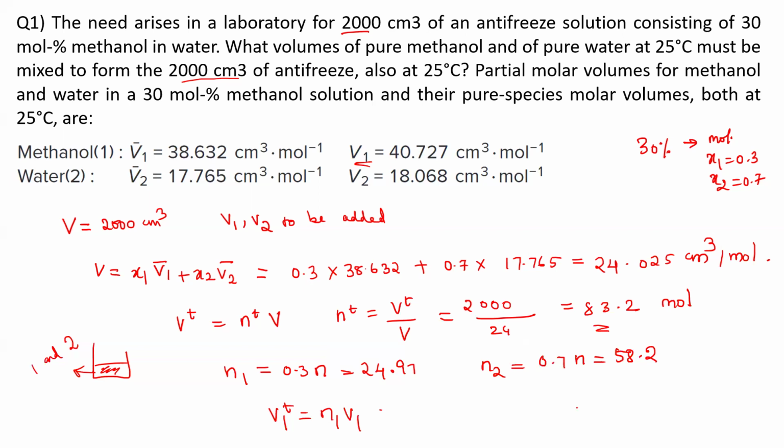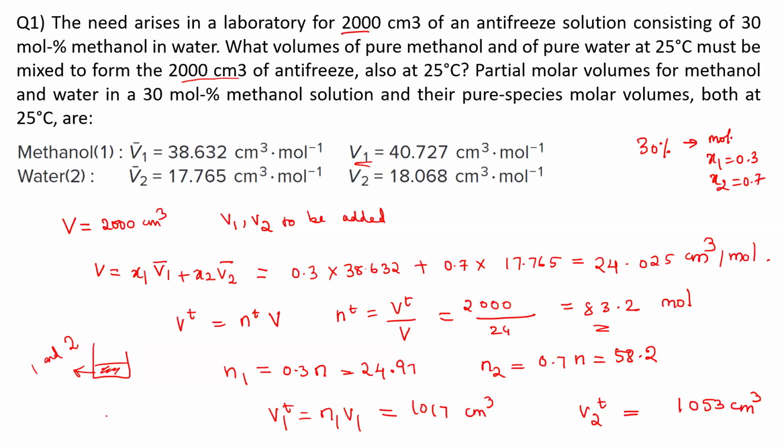Similarly, V2 total is 1053 centimeter cube. One thing you have to notice is that the volume of the first species added is 1017 centimeter cube and 1053 of the second species was added together, but the final volume is 2000, which is actually less than the summation of these.